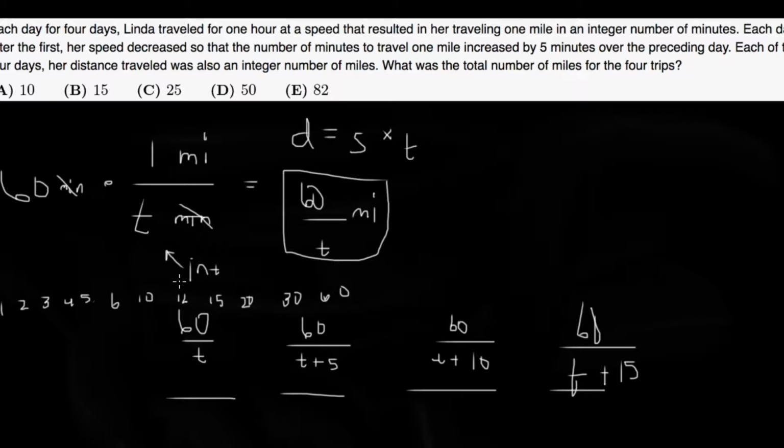Right? Okay, so now we'll just start plugging these in to find which of these works as an integer for all of these, because each of the days her distance traveled was an integer.